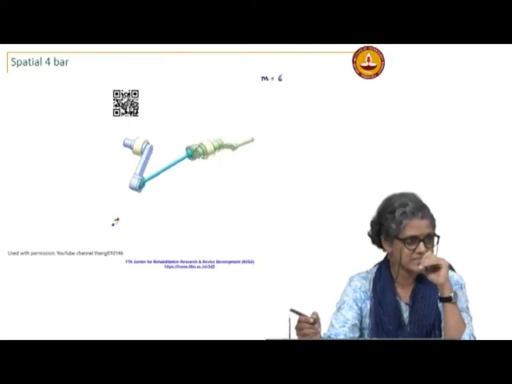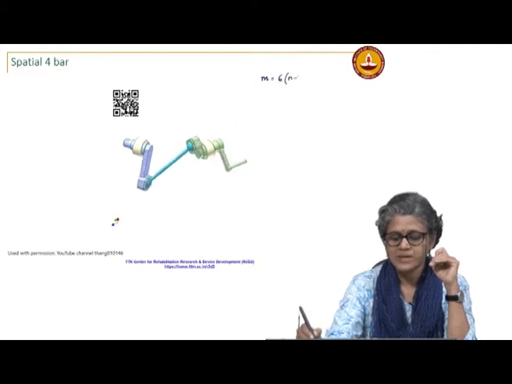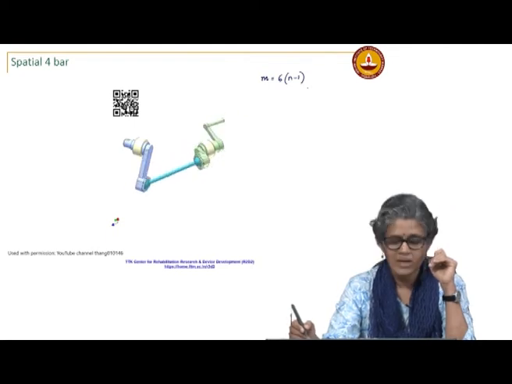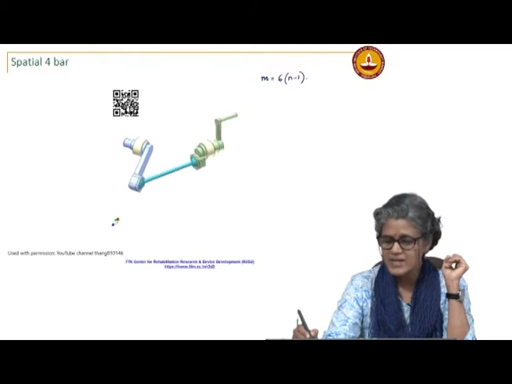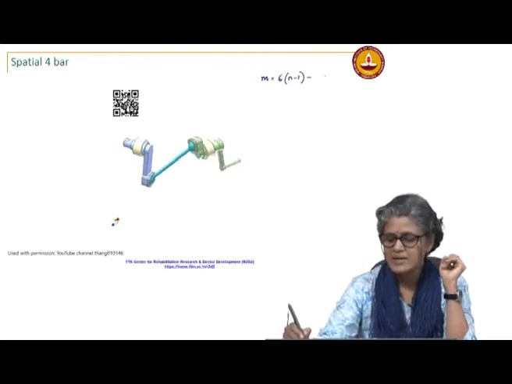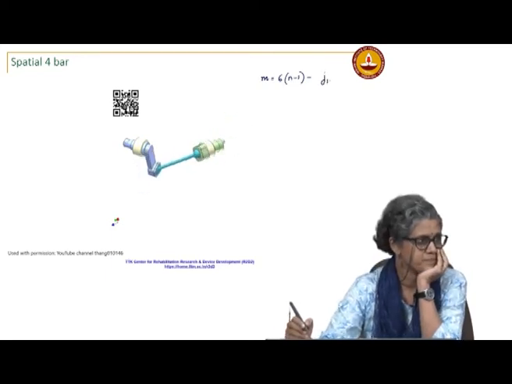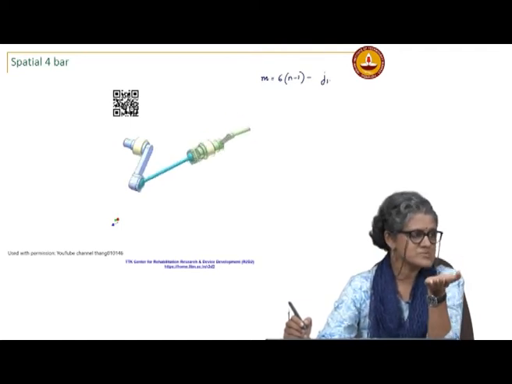So, if you take n links and make a mechanism, you would fix one link. So, this would be the total number of degrees of freedom, and then I start adding joints, I start adding constraints. So, if I add a joint with a single degree of freedom, that is like a revolute joint or a prismatic joint.